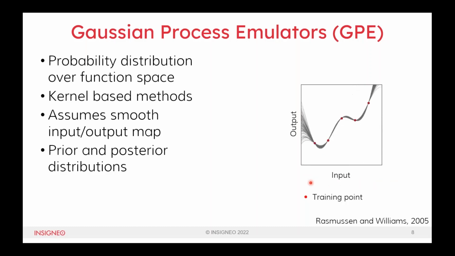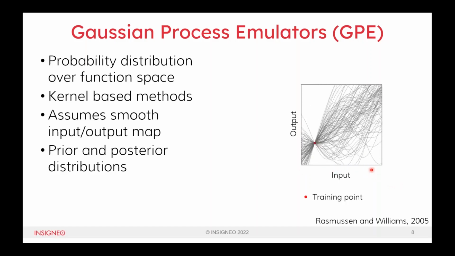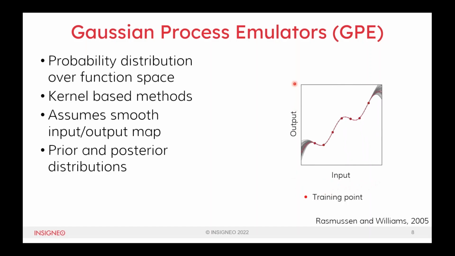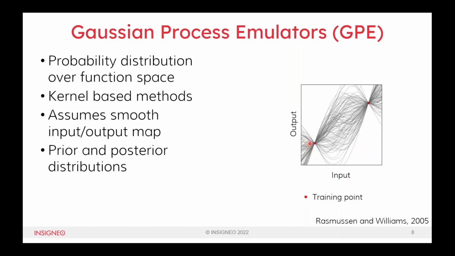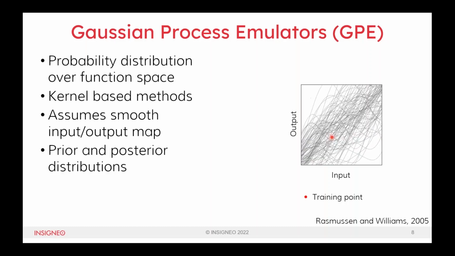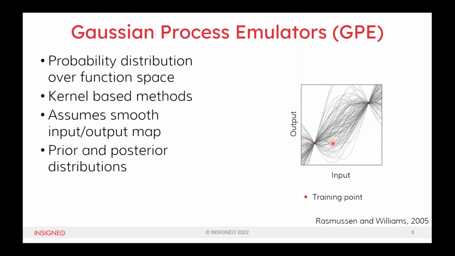This is a quite clear example, actually, of how a Gaussian process emulator works. So imagine that on the x-axis, you have the input parameter space of a computational model. On the y-axis, you have the output, and you want to estimate a function that is defined on this input parameter space. Now, at the very beginning, here, you don't have any information, and you can't pick any function over the others. But as you start adding training points, you see that the uncertainty on the estimate is reduced.